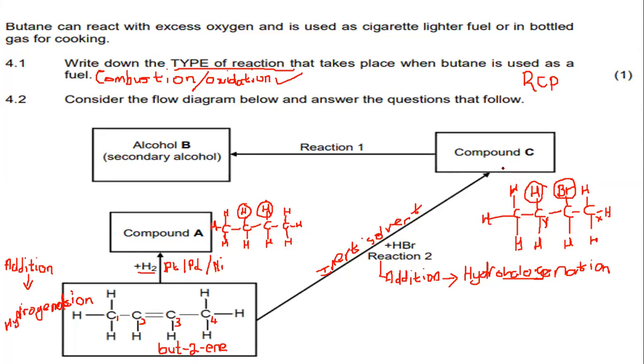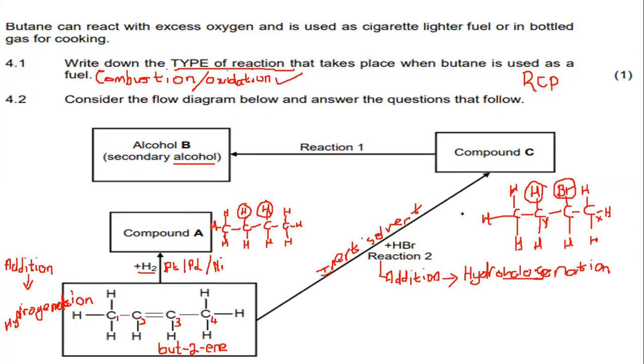Now, if this secondary haloalkane forms a secondary alcohol, then I know that when I have a secondary alcohol, I'm going to have the carbon that is now carrying the hydroxyl group bonded to two other carbon atoms.